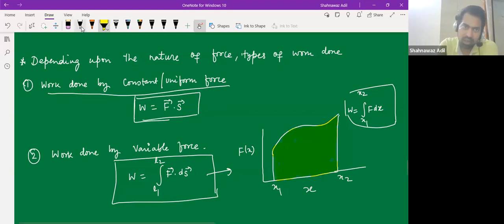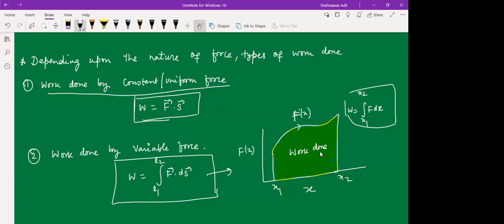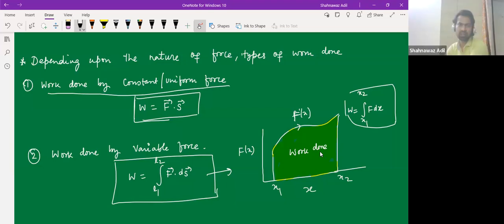This is your f(x), and this is x. So this is the work done, the area under this graph. So this is what we mean by integration. Understood? Please note it down and let's see if we can do this graphical one or not.